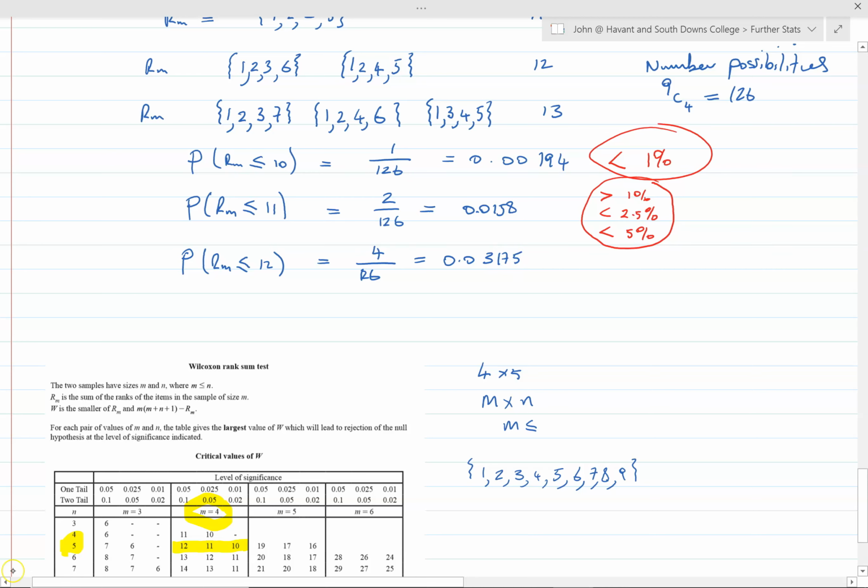And the thing here is that this is greater than 1%. It's also greater than 2.5%, but it is less than 5%.